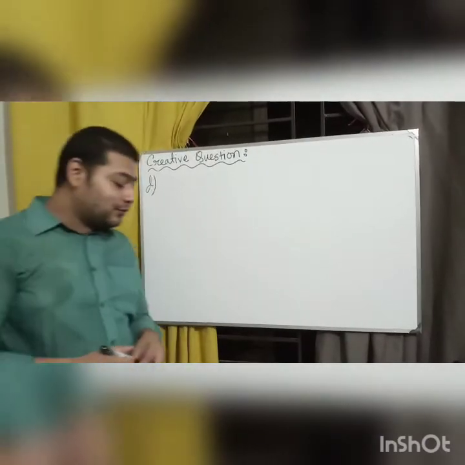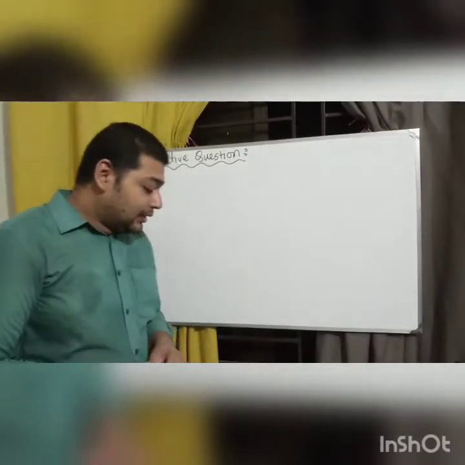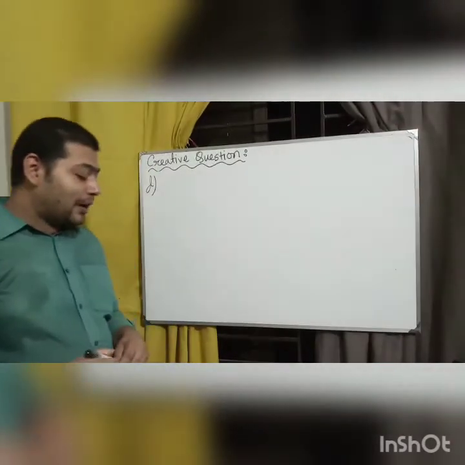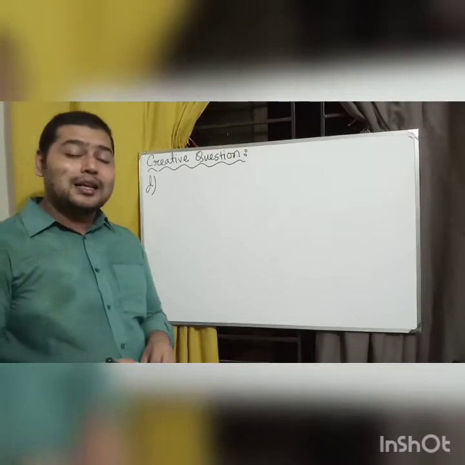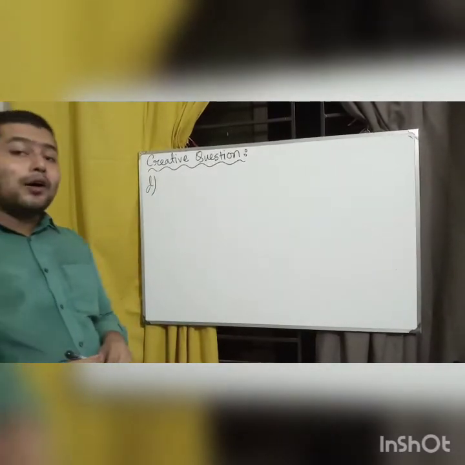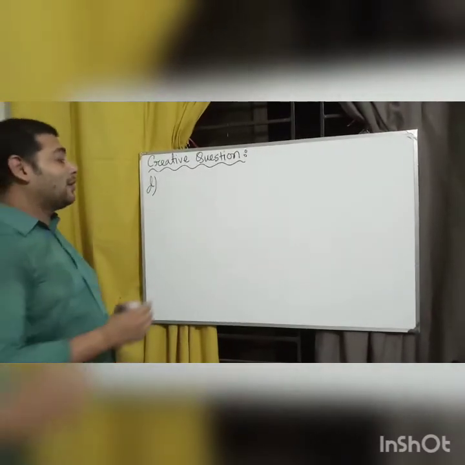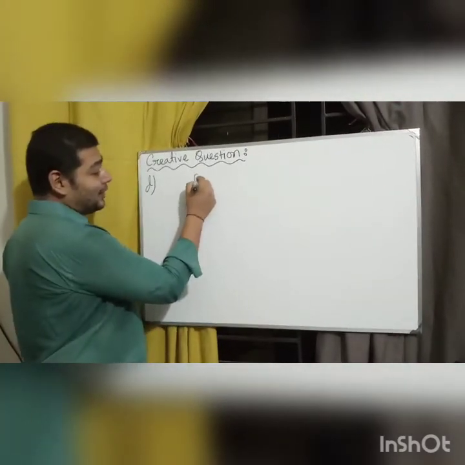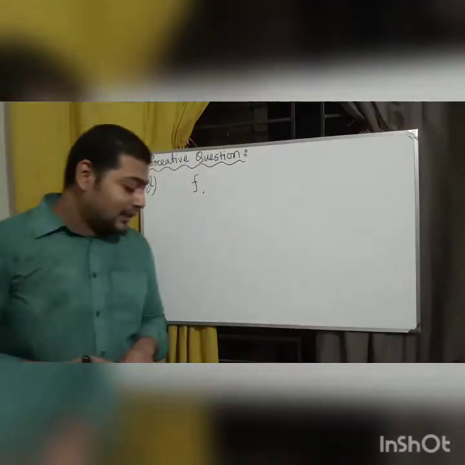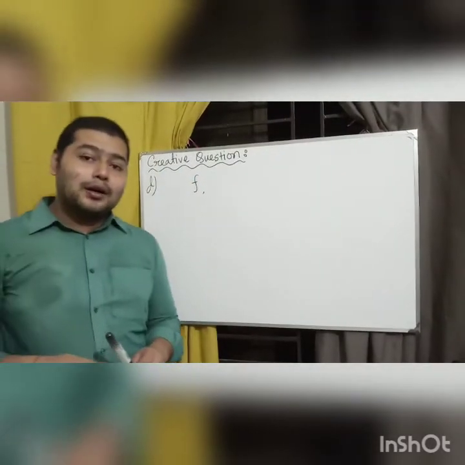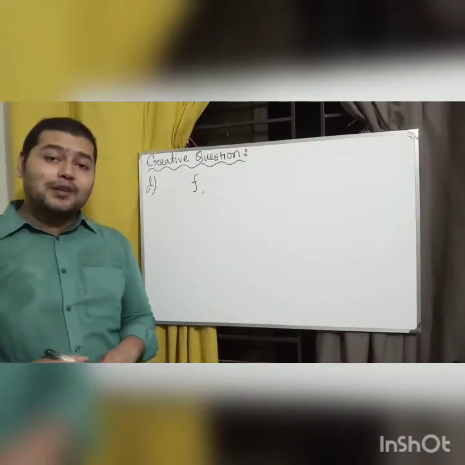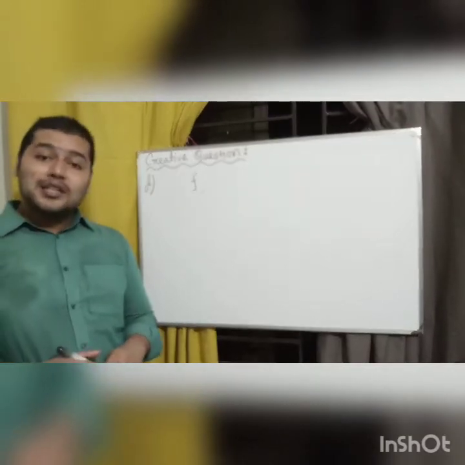The definition of frequency is the number of complete vibrations of a vibrating particle in 1 second is called frequency of a wave. The frequency of a wave is denoted by F, and the definition of time period is the time of a complete vibration. The time of a complete vibration is called the time period.